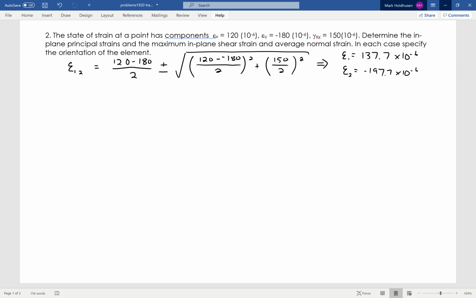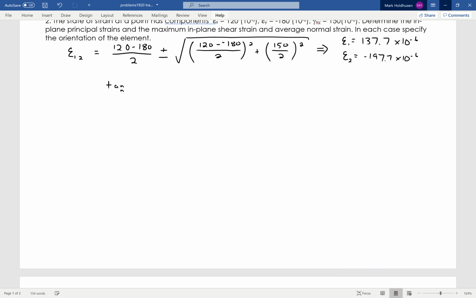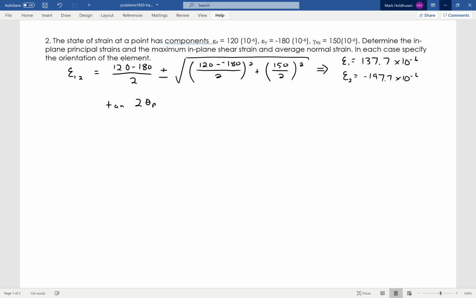And to find that actual angle, I can do the tangent of 2 theta p for the principal angles equals 150 over epsilon x minus epsilon y. Again, these equations are in your book, and they're very similar to the stress equations. Strain is just using epsilons rather than sigmas, essentially.